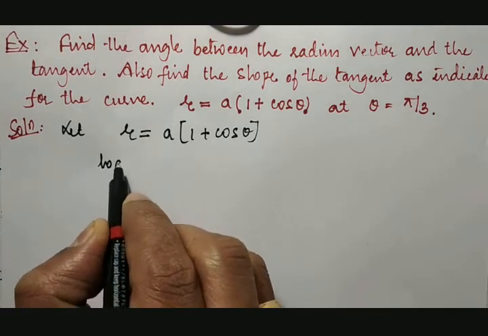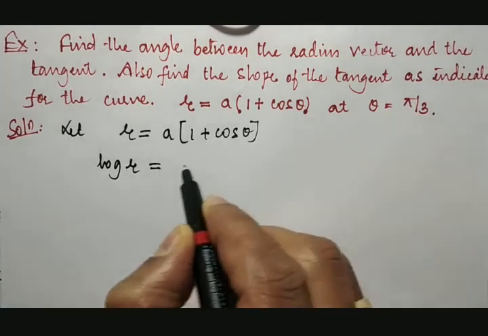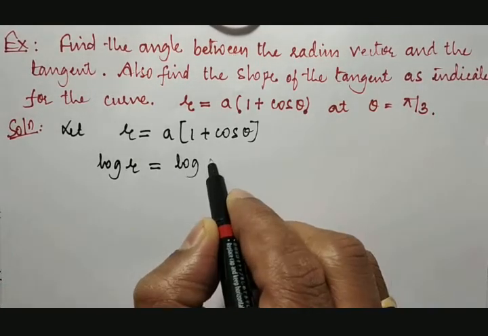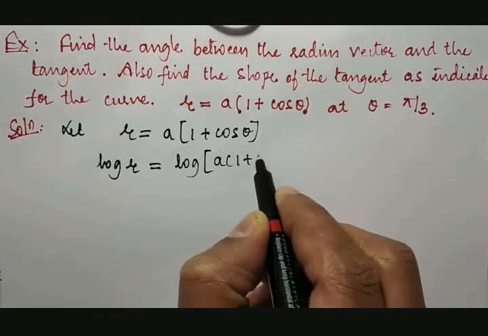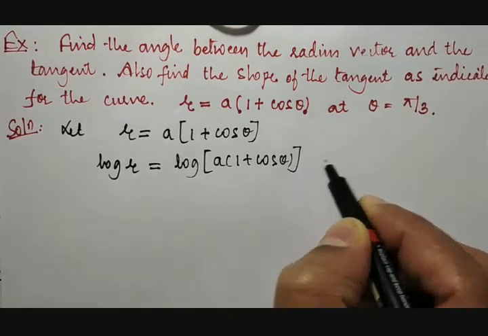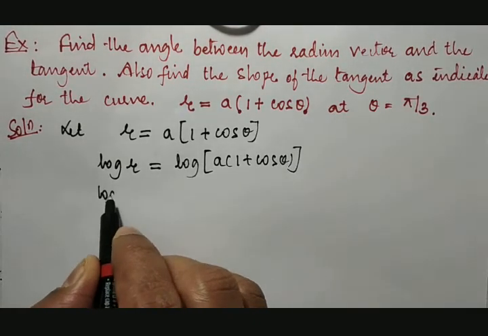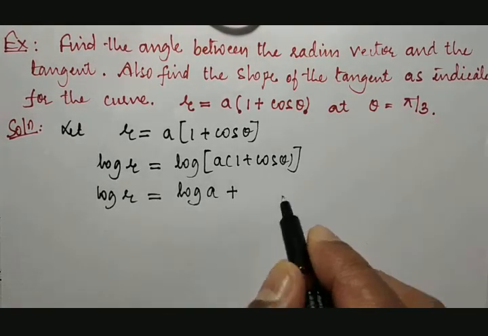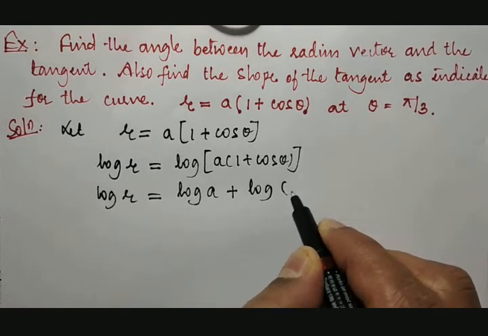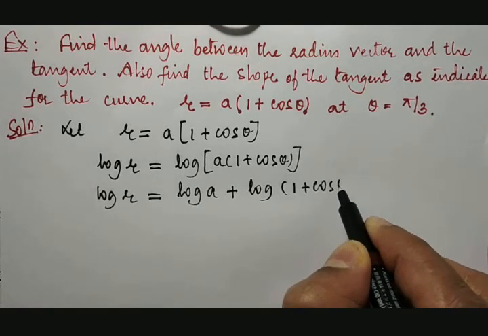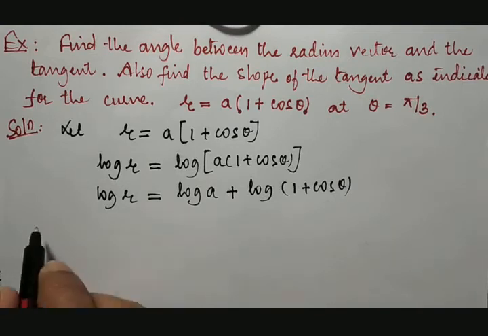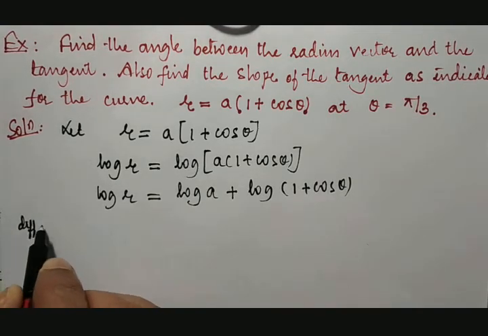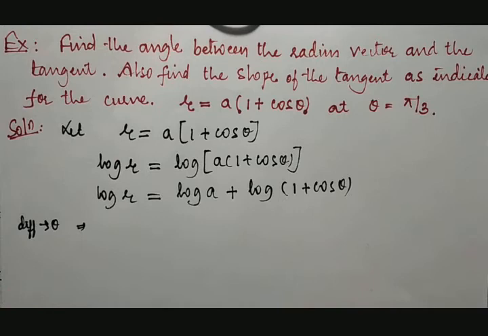If we apply log on both sides, it becomes log r is equal to logarithm of a into 1 plus cos theta, which is nothing but log r is equal to logarithm of a plus logarithm of 1 plus cos theta. Then we need to differentiate this whole result with respect to theta.